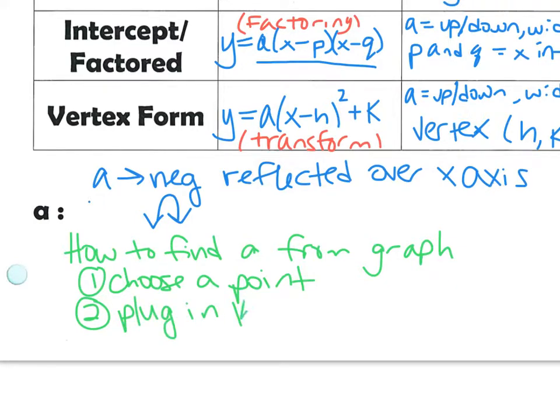Plug in known values. By that I mean if I'm in intercept form, I plug in my intercepts. If I'm in vertex form, I plug in my vertex. So plug in known values and solve for A, which we'll look for on the next slide.